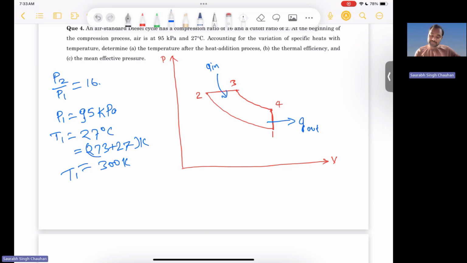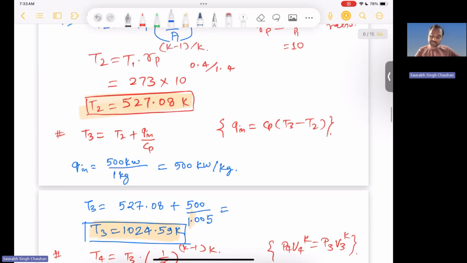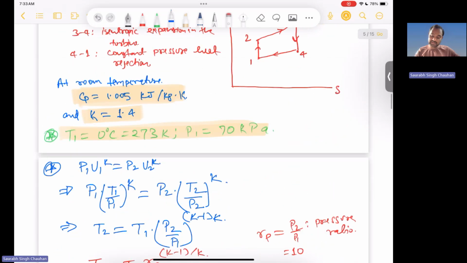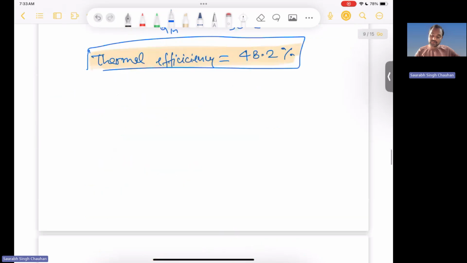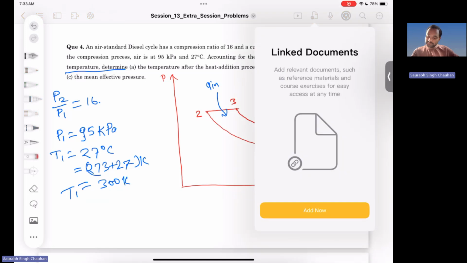Accounting for the variation of specific heats with the temperature. Okay. So you know that specific heat depends on the temperature. In the previous question, we assumed that specific heats were constant with respect to temperature, but here we have to consider the variation of specific heats with the temperature. So we need to use the tables, right? Property tables for air. So let us open the tables.